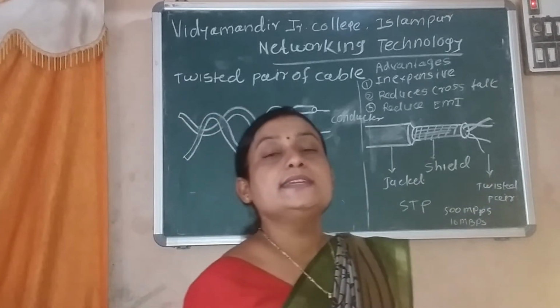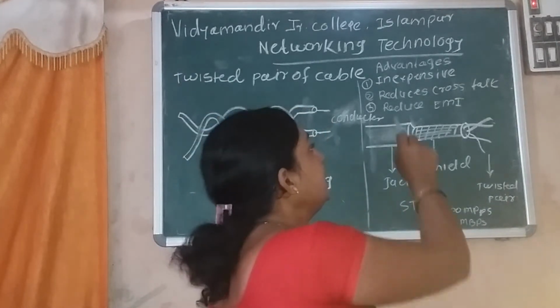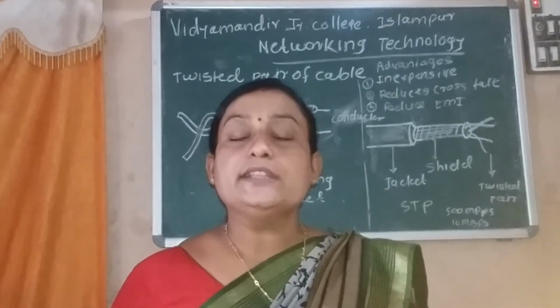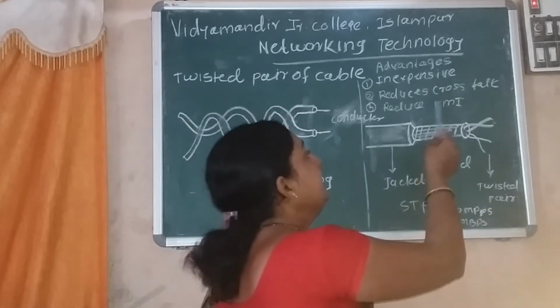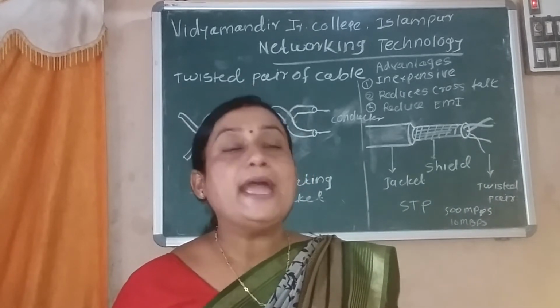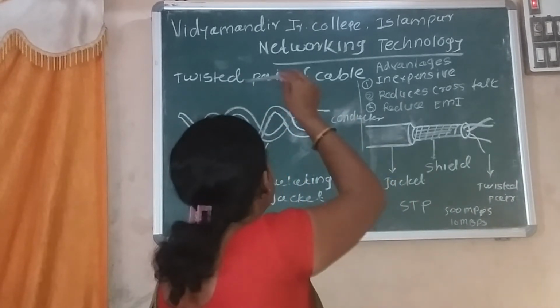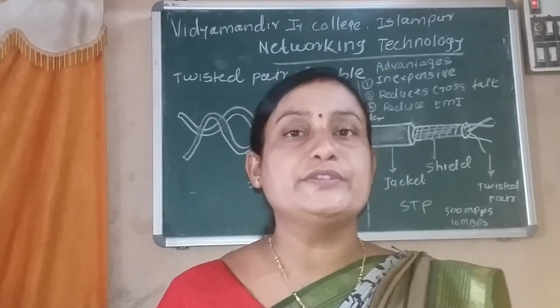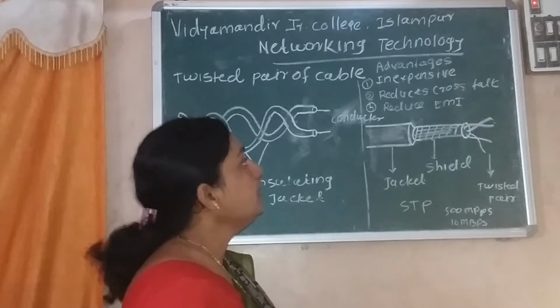Next, EMI, electromagnetic interference, can also be reduced by using a twisted pair cable. That is a common advantage of the twisted pair cable.